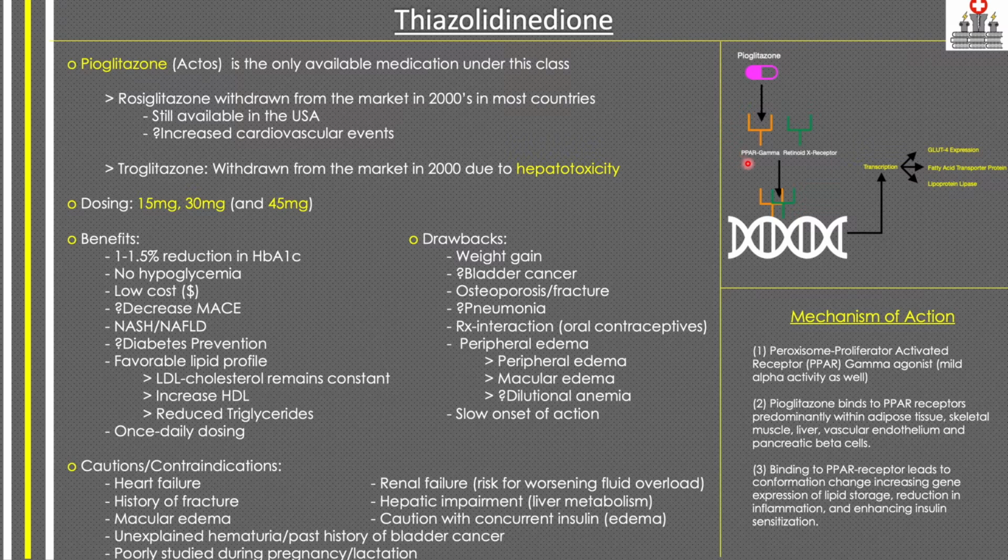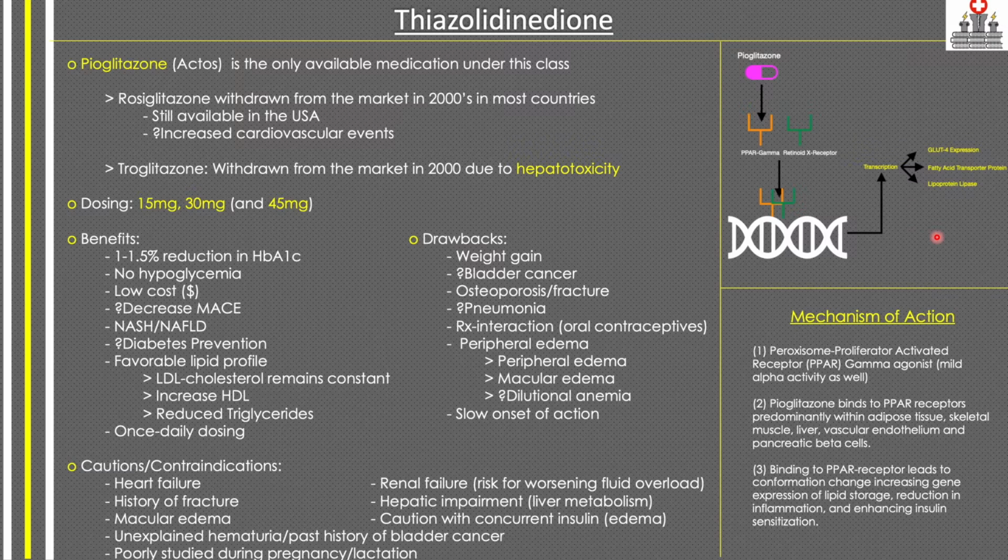When it binds this receptor, it appears to interact with the retinoid X receptor. This cross-reactivity leads to an alteration in transcription of our DNA, and there's enhanced expression of various genes, one of the most important being GLUT4, which is a glucose transporter predominantly within the muscle, and it can also be found in adipose tissue. There's also an increase in fatty acid transporter protein and lipoprotein lipase.